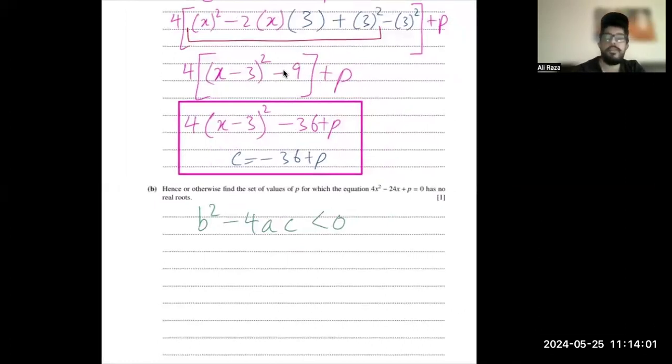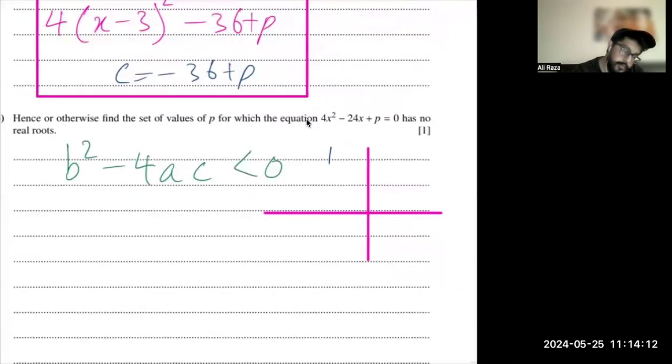Okay, since this is a positive quadratic, let's draw a diagram to understand the question. We have a U-shaped graph.